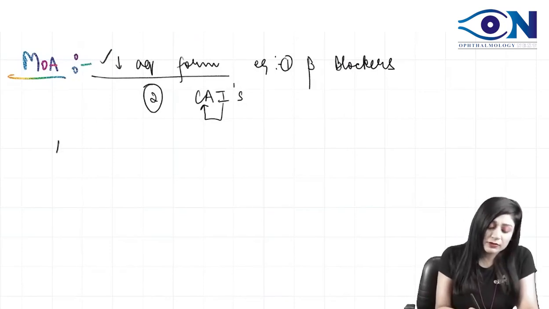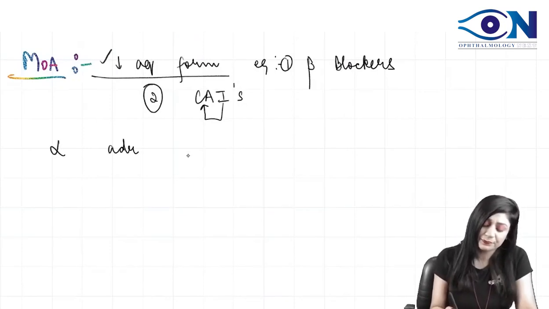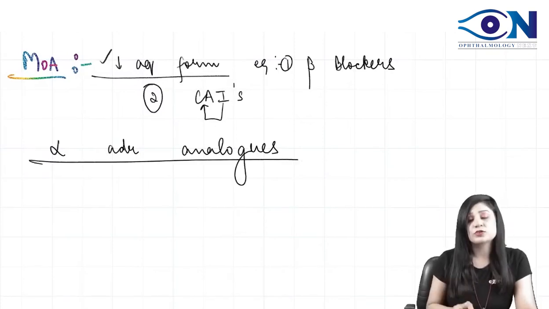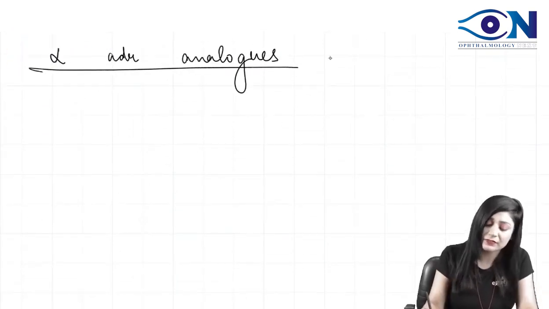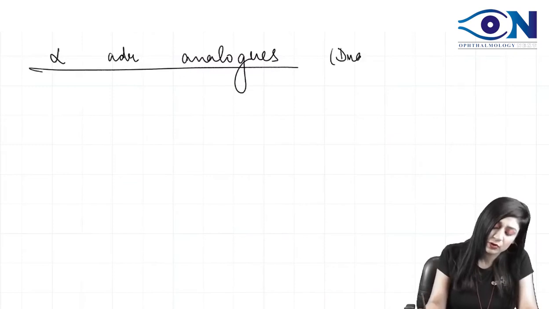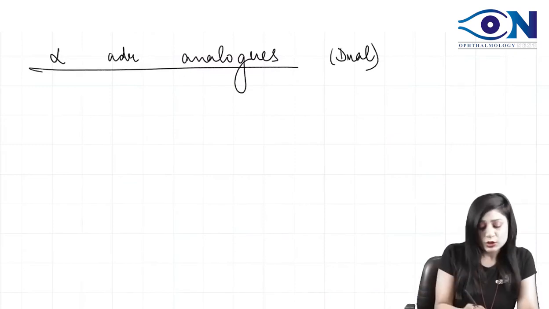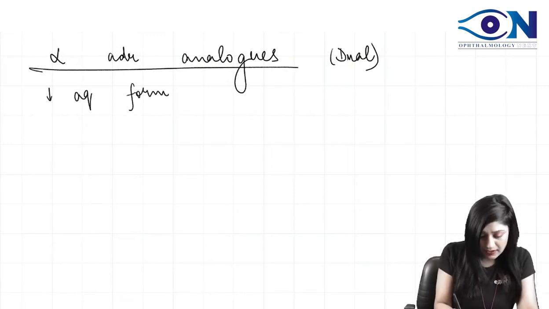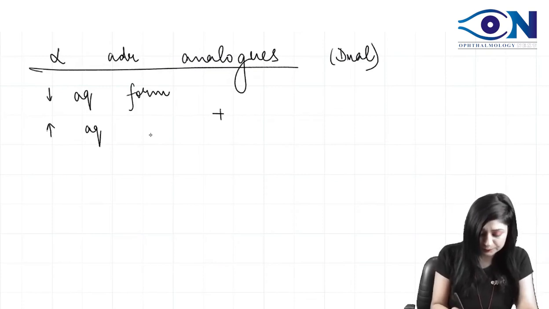Now if I talk about the alpha adrenergic analogs, always remember that they have the dual mechanism of action. They are decreasing the aqueous formation and they are also increasing the aqueous outflow.